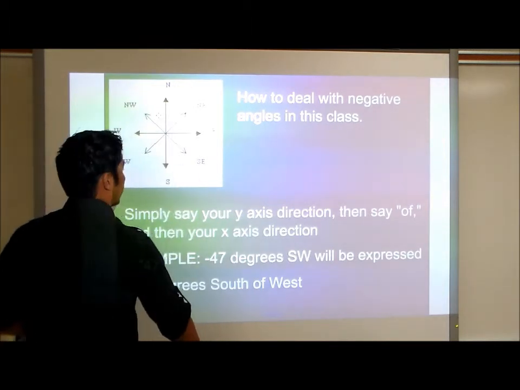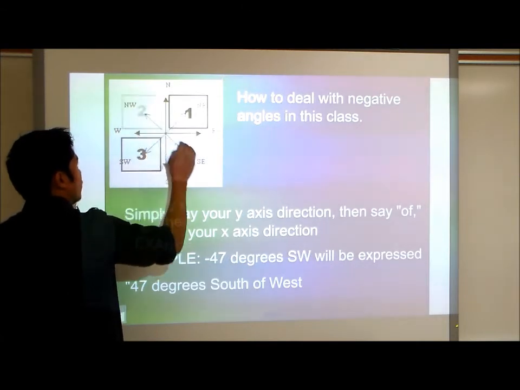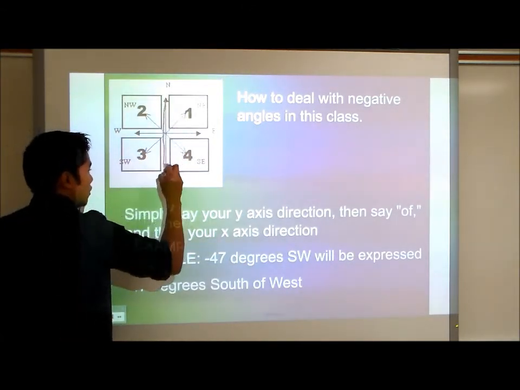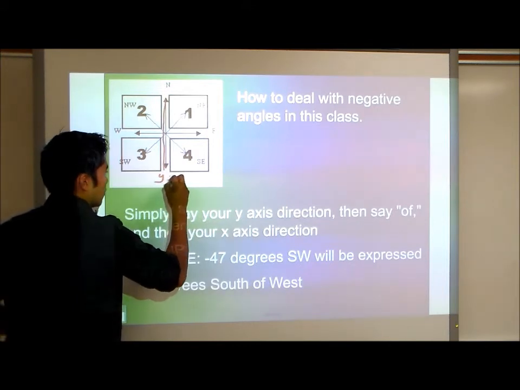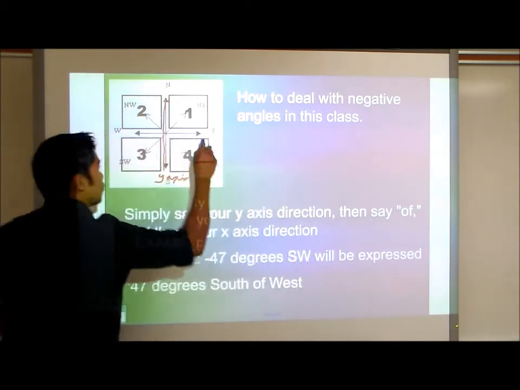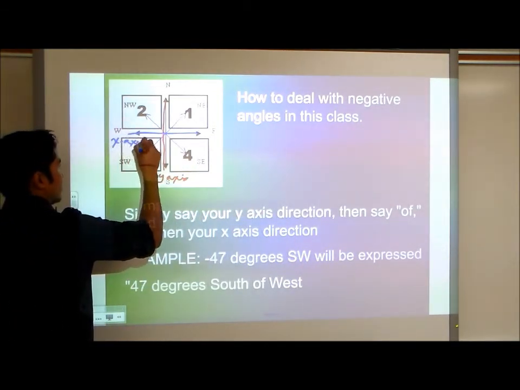Over here we have 4 quadrants on our north, east, south, west scale, and we're using it very similar to just calling this our y-axis, and this way is going to be called our x-axis.